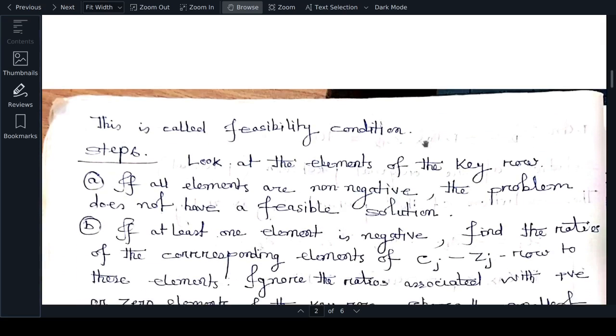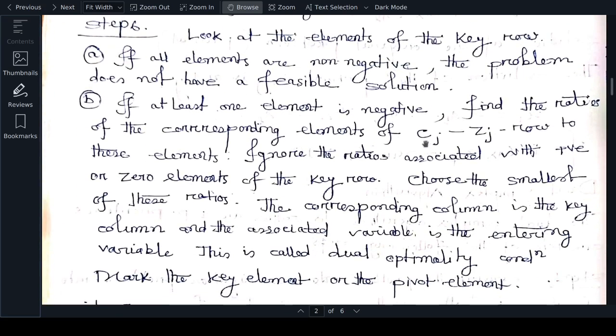Next, step 6: look at the elements of the key row.